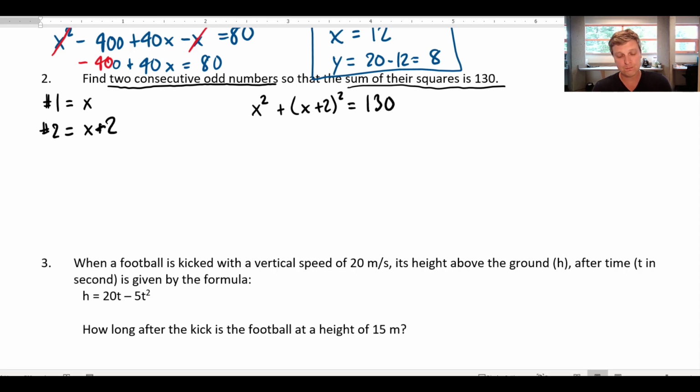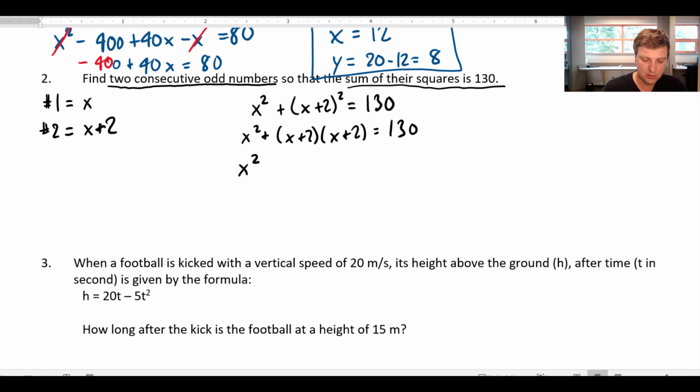So I guess that means that x squared plus (x plus 2) squared is equal to 130. So we can see I've got everything in terms of x, and so I can just crank this through and solve. I'm going to expand this out here. x squared plus (x plus 2) times (x plus 2) equals 130. So that becomes x squared plus x squared plus 2x plus another 2x is going to be 4x.